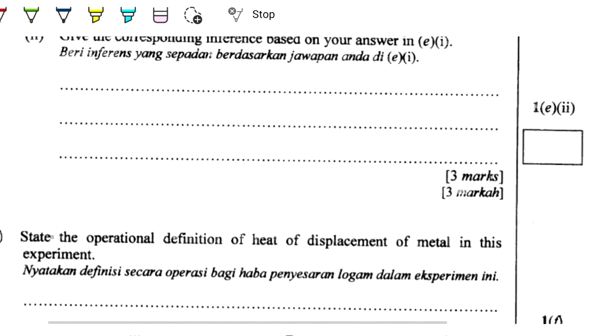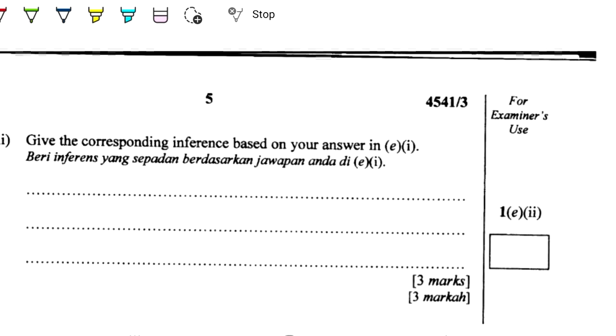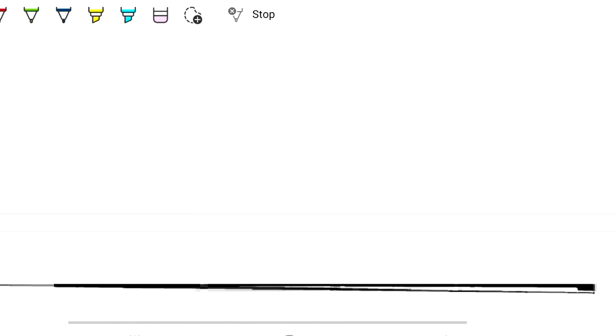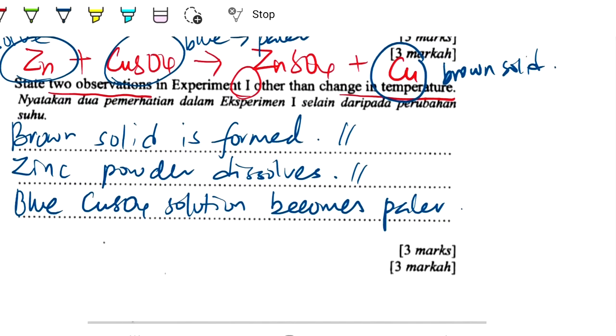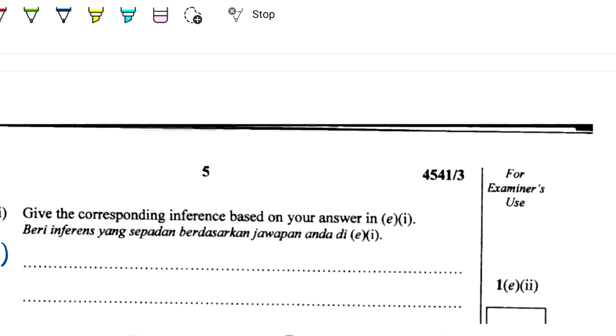After the observation, give the corresponding inference for the answer. Just now we mentioned we must follow the one mentioned here. Brown solid is formed, so the brown solid, copper, is formed.